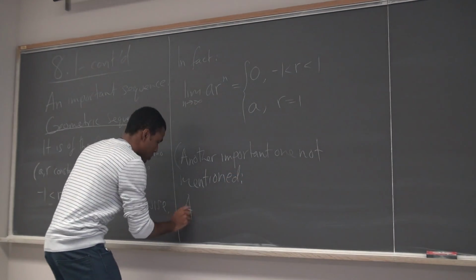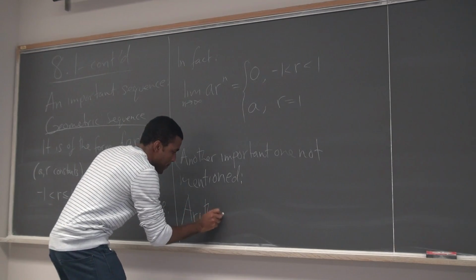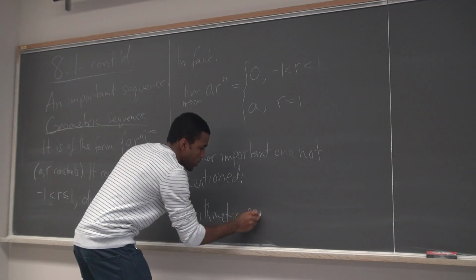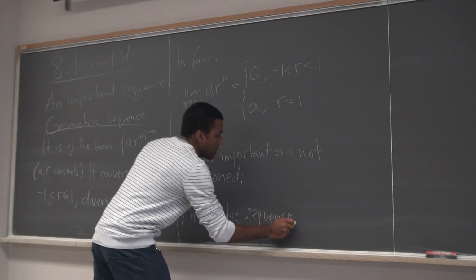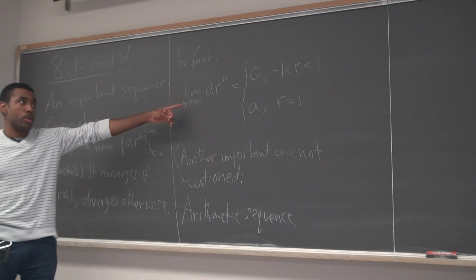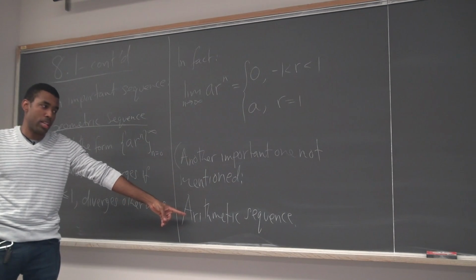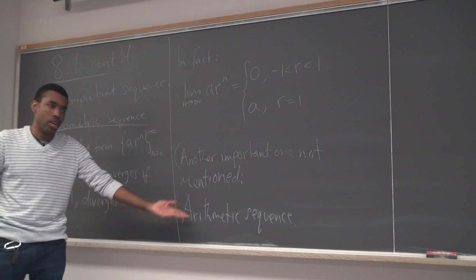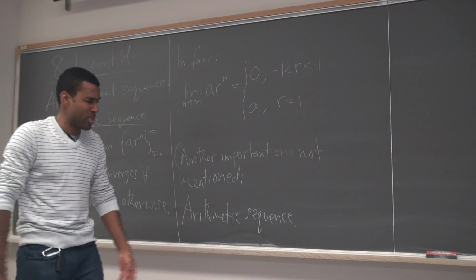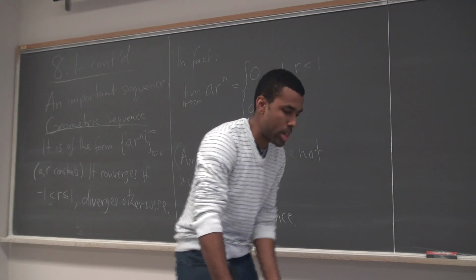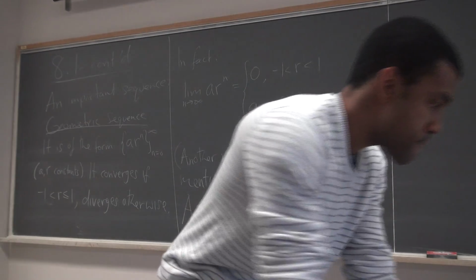It's the arithmetic sequence. The geometric sequence is really important because as a series it behaves nicely, but an arithmetic sequence, if you throw that in as a series, which we will do later, it'll always diverge. That's why they don't really focus on it. The geometric one has a chance of convergence.